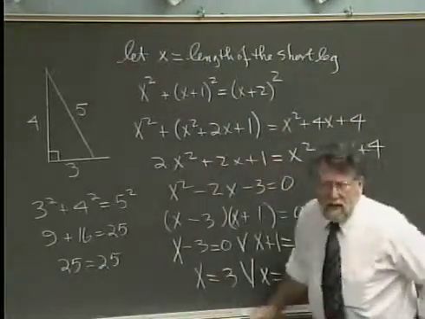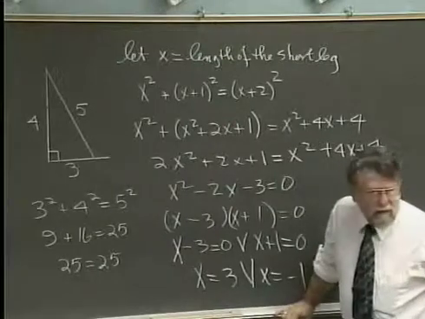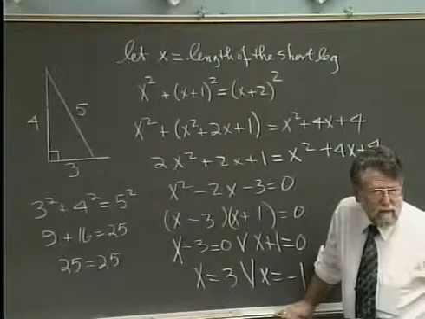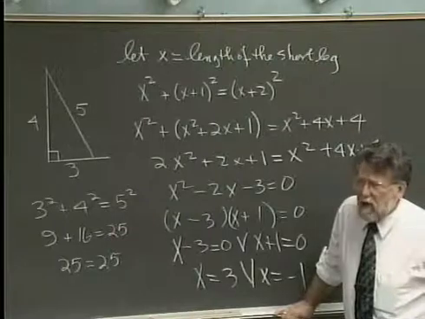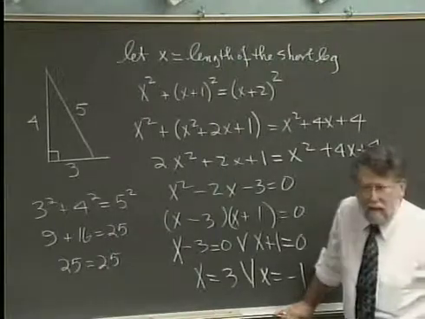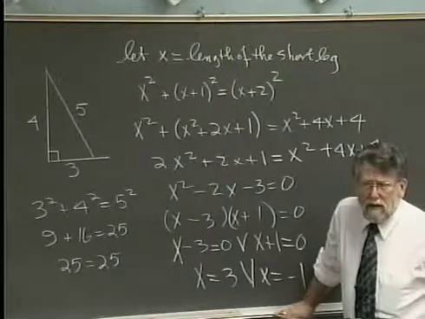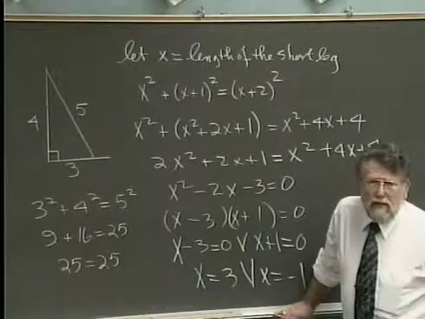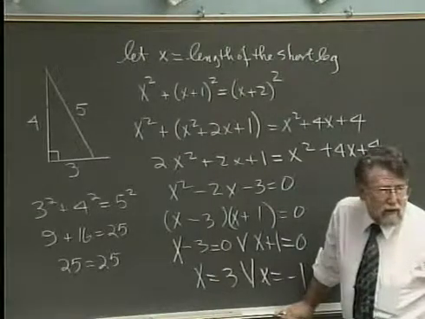Does it work to say that a leg can be -1 in length? No, length is a positive number associated with a line segment. So I have a solution that makes absolutely no sense in the problem.